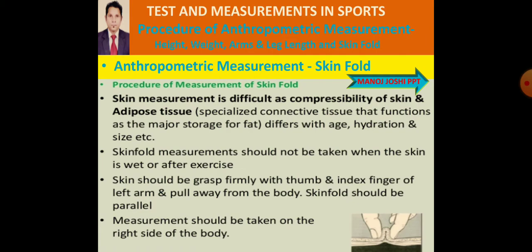As we have discussed, body type, age, hydration of the body and size of the body are different factors which affect the adipose tissues. Skin fold measurement should not be taken when the skin is wet or after exercise.